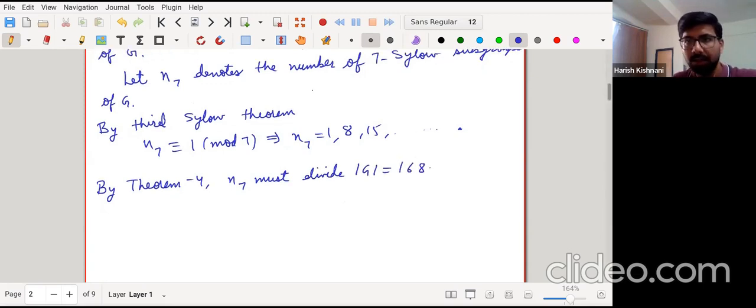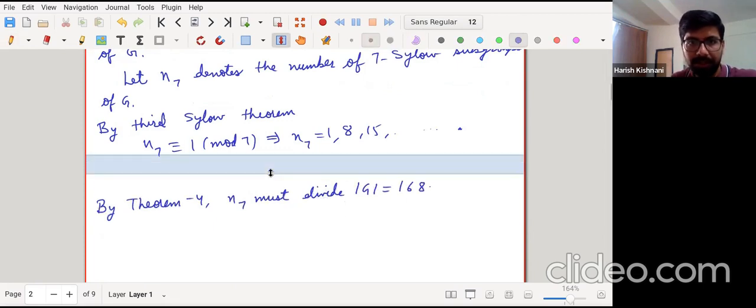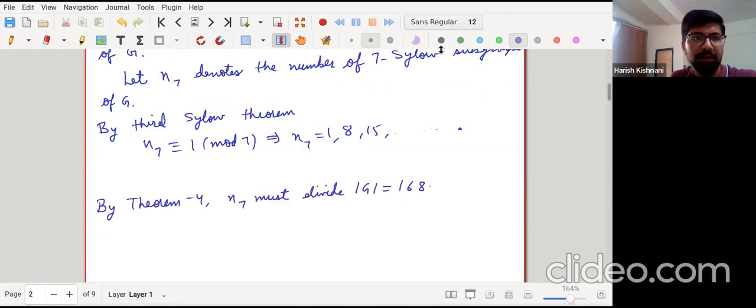This also gives one more thing. If n7 is congruent to 1 mod 7, can n7 divide 7?